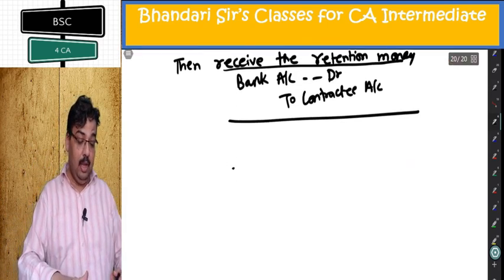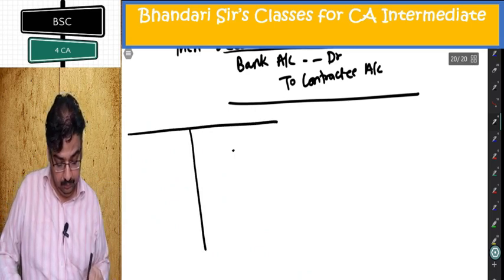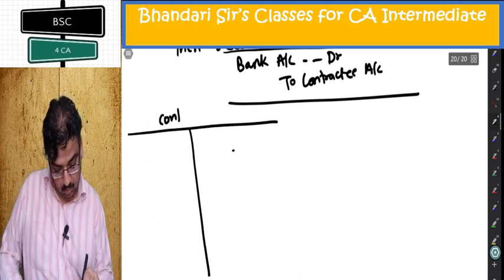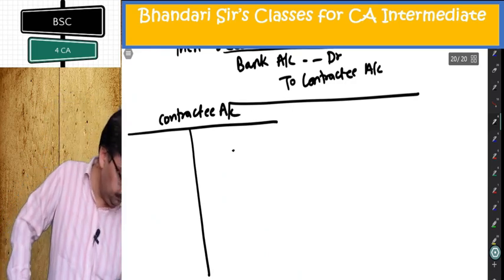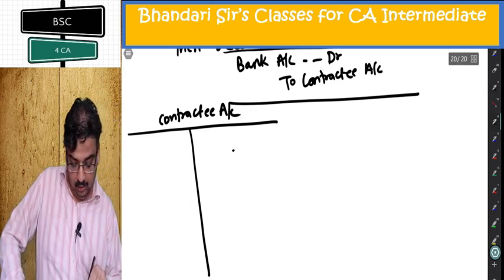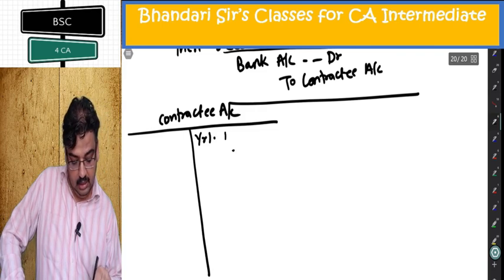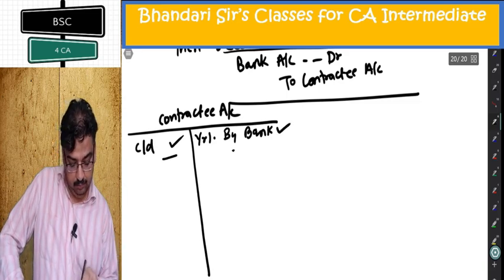Before I do that, I can show you a contractee account. From year 1 itself, they will start receiving progress payment. Year 1, by bank, carry down.